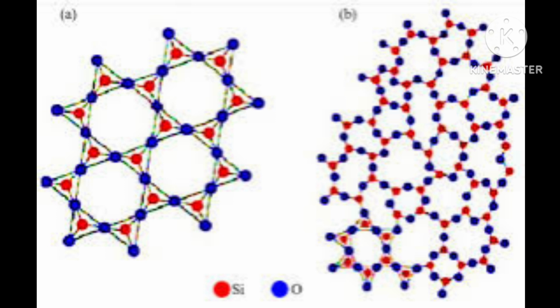Carbon atoms are arranged in different layers and each atom is covalently bonded to 3 of its neighboring atoms in the same layer. The fourth valence electron of each atom is present between different layers and is free to move about. These free electrons make graphite a good conductor of electricity. Question is asked.